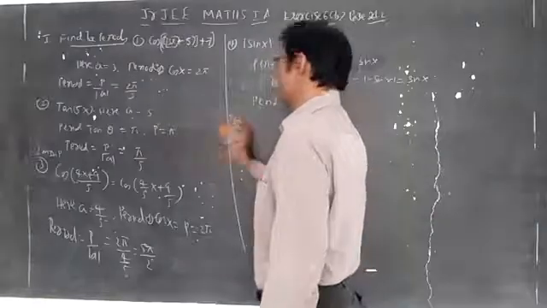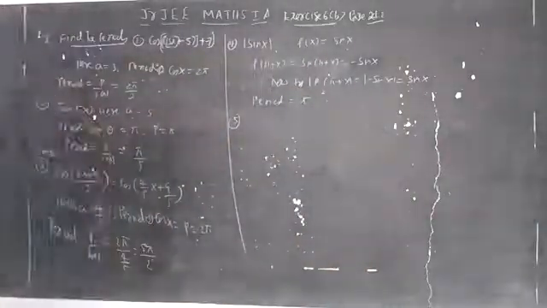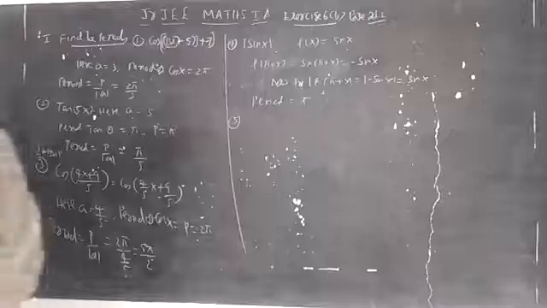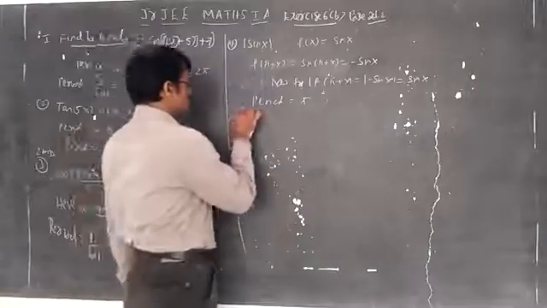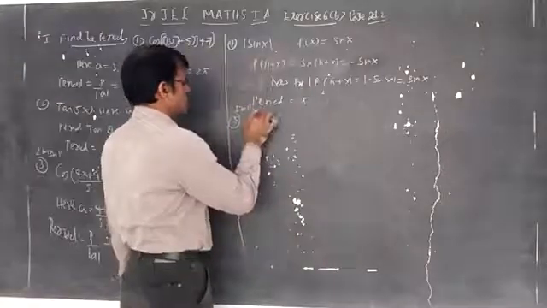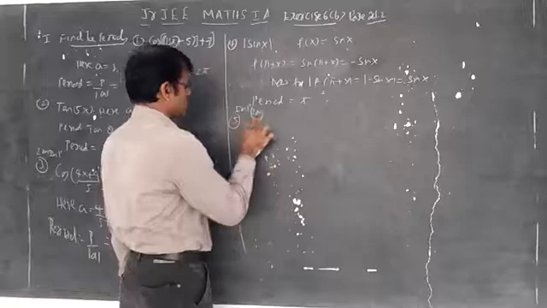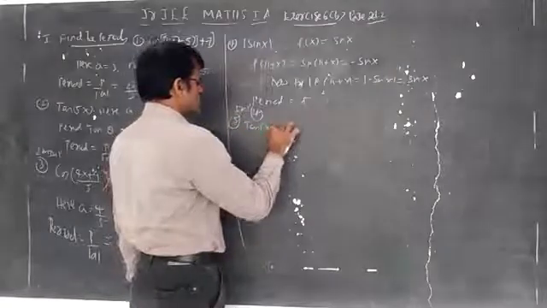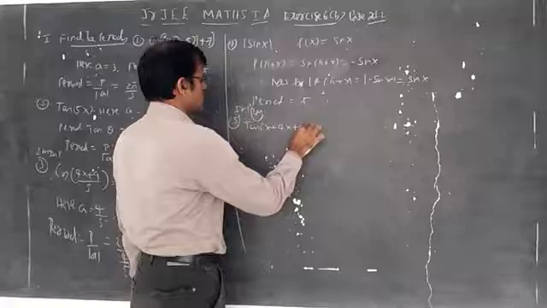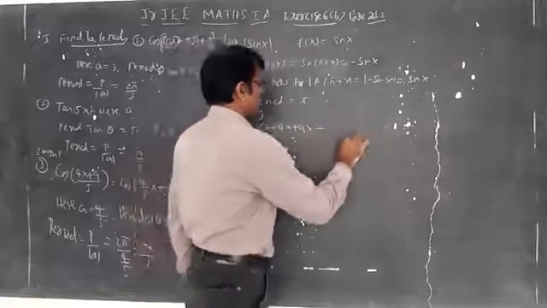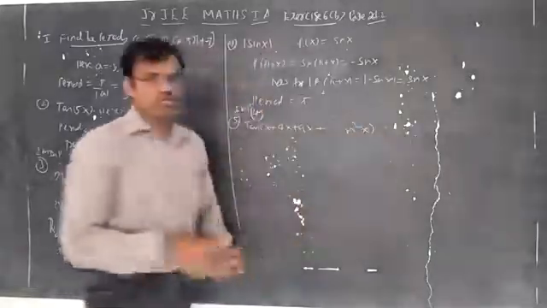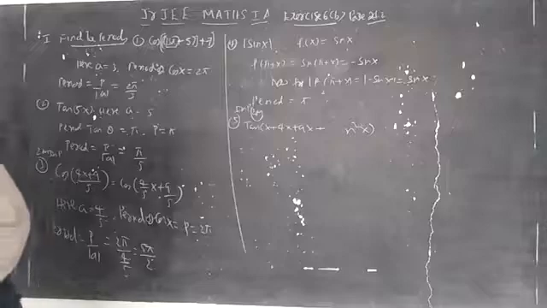Okay, next, the fifth one: tan of x plus 4x plus 9x. This is also an IMP 2 marks question. Tan of x plus 4x plus 9x plus so on up to n square x, n being a positive integer.